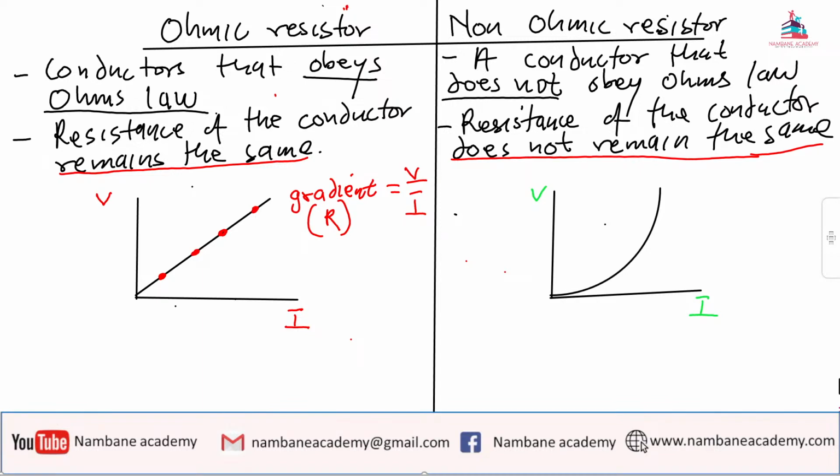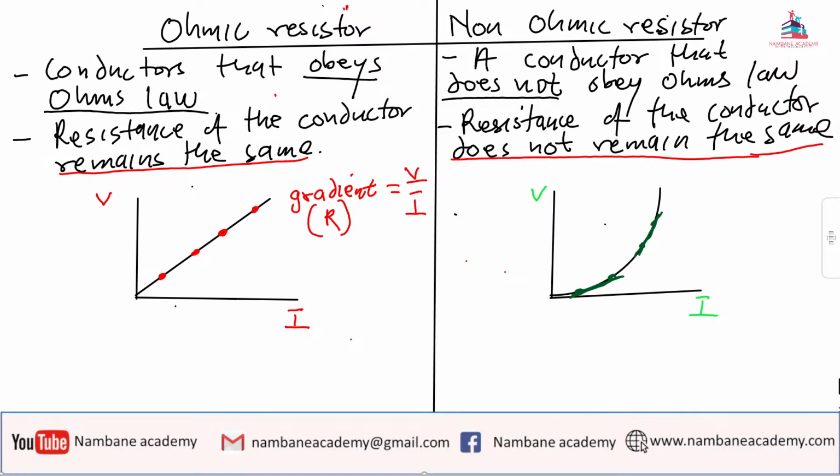Now, can one easily say the resistance is the same? No, we cannot. Because at this point and that point, you get this particular gradient here. At this point and that point, you now get a different resistance. Can you see? So it basically says the resistance is not the same throughout.